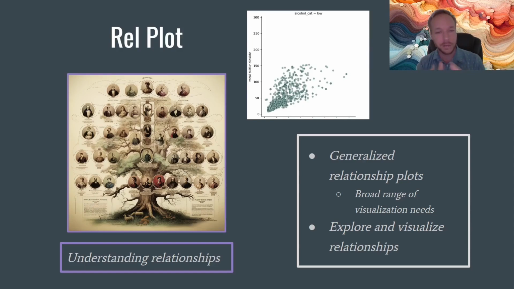There's a handful of things that we can do in the rel plot versus the linear model or the disk plot that we saw in the earlier classes. That is also a figure level plot that can do many things, but the rel plot's special attention is to the understanding of relationships, which can be bivariate, but also how categories play into that relationship.